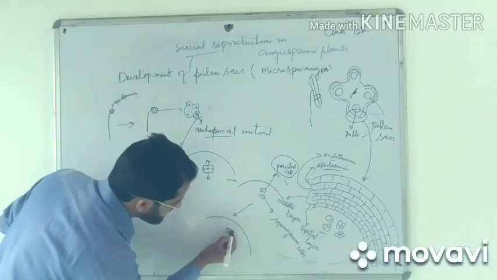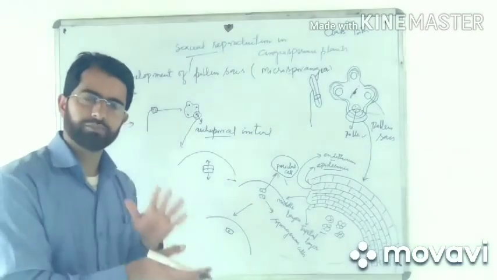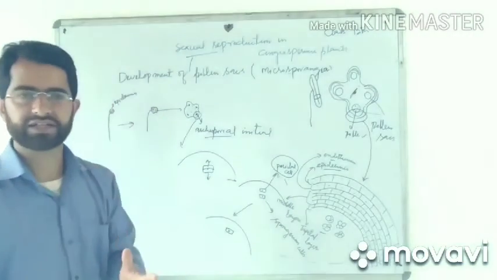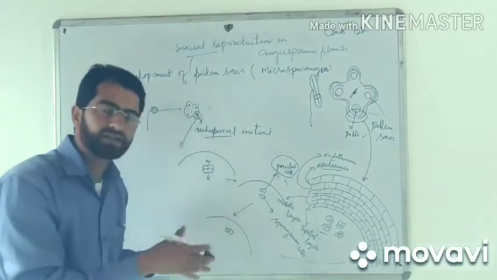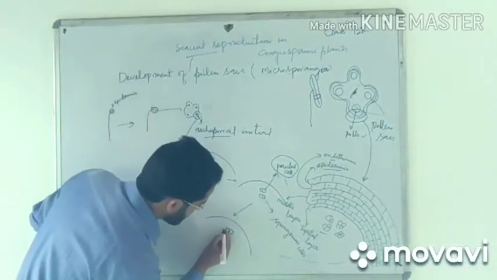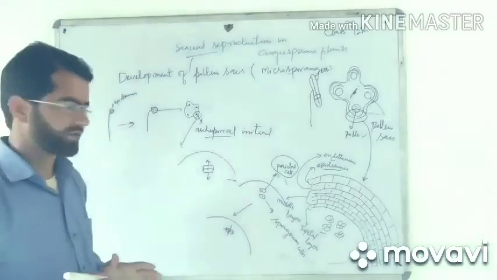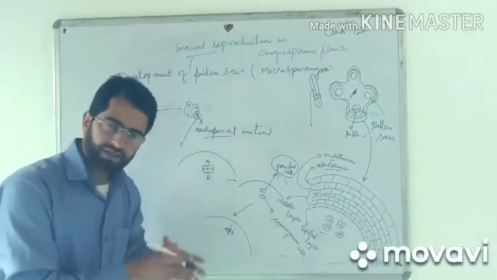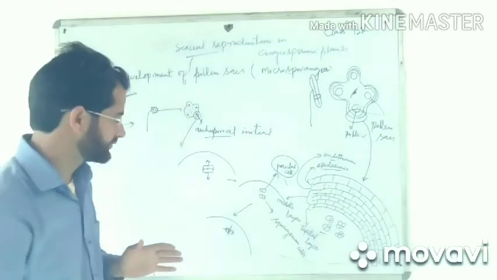This parietal cell divides simultaneously, periclinally as well as anticlinally. Periclinally means parallel to the wall. Anticlinally means perpendicular to the wall. One is parallel to the wall, second is perpendicular to the wall, right? Periclinal divisions are followed by many anticlinal divisions.